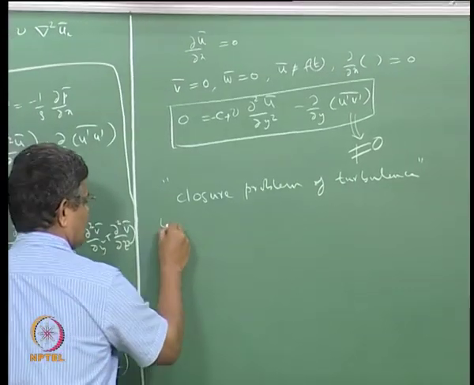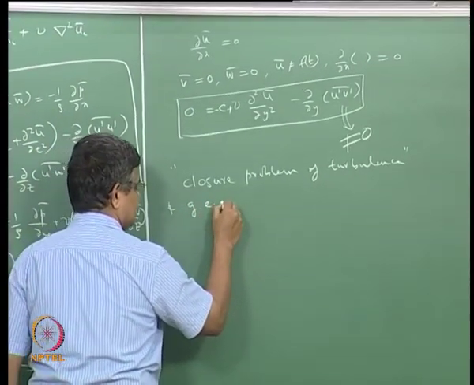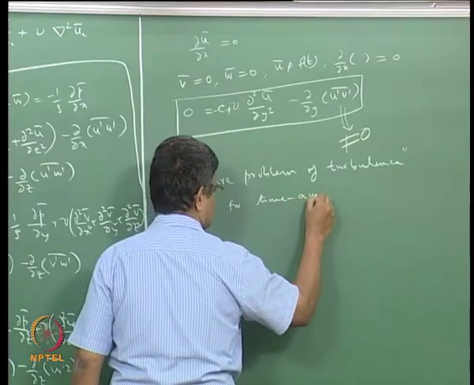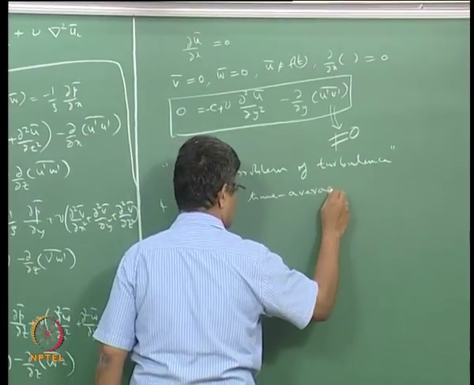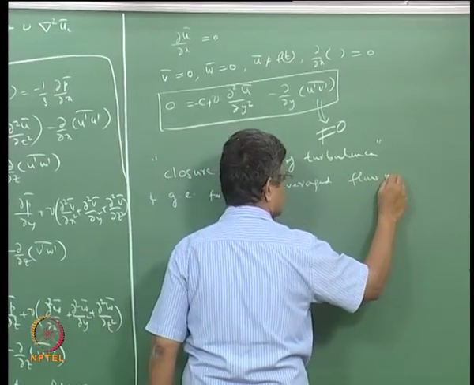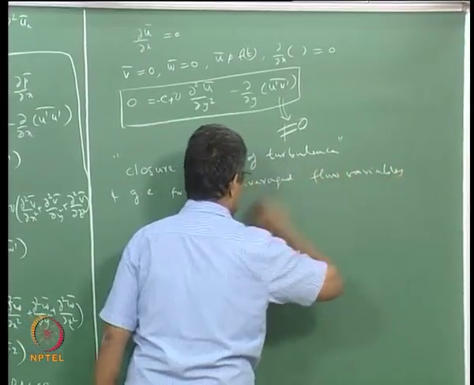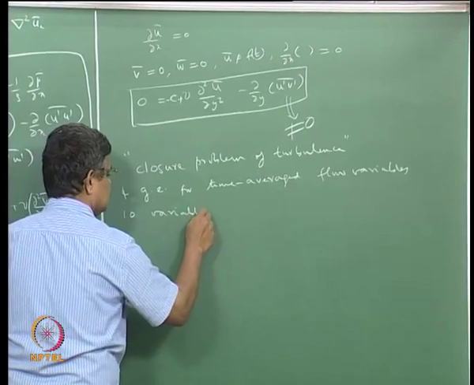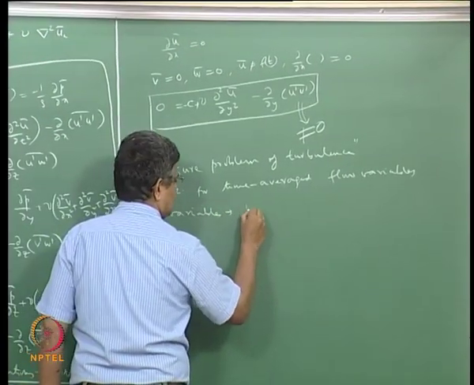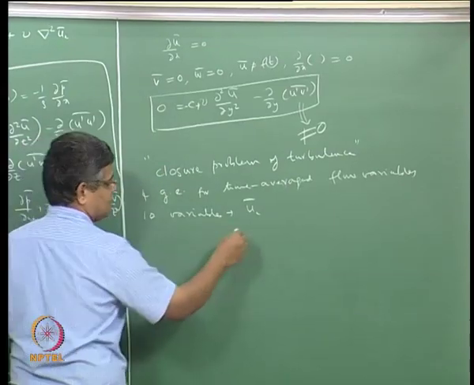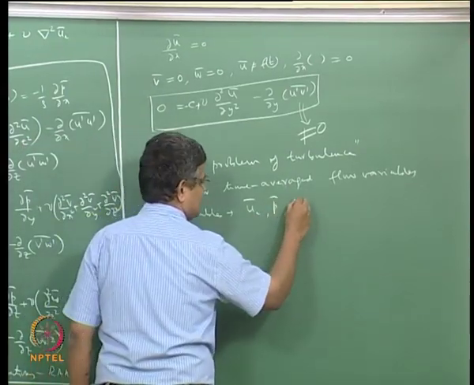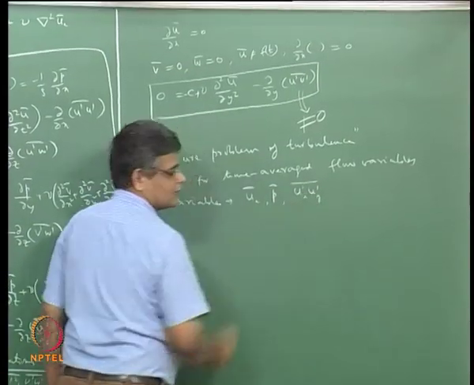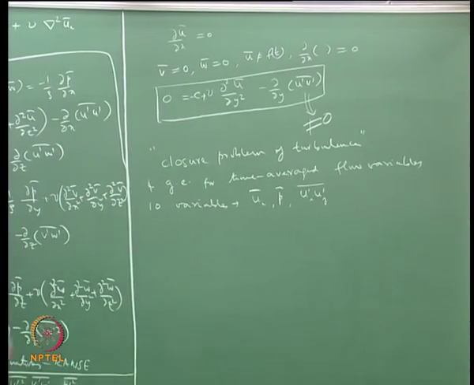where you have 4 governing equations for time averaged flow variables, and we have 10 variables, which are the time average quantities: ui, there are 3 of these, p bar, and then the time average of fluctuating velocity components ui prime uj prime, and there are 6 of these.